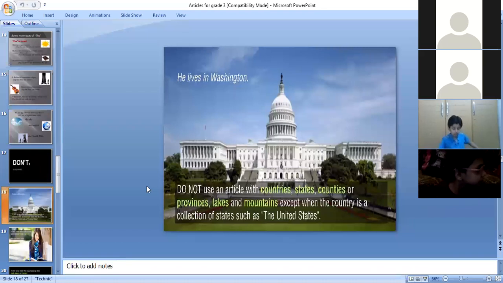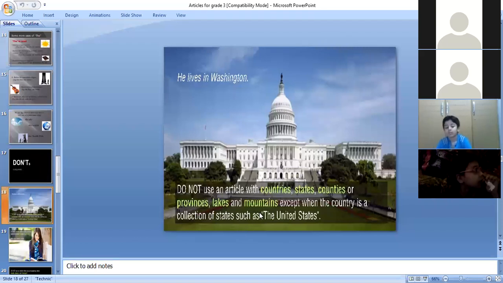Okay, we don't use an article with countries, states, counties, or provinces, lakes, and mountains, except when the country is a collection of states, such as the United States.